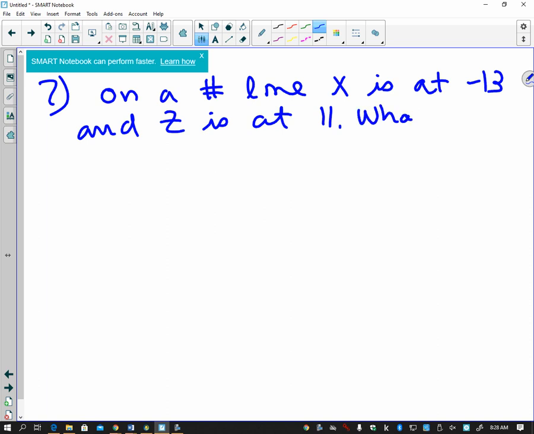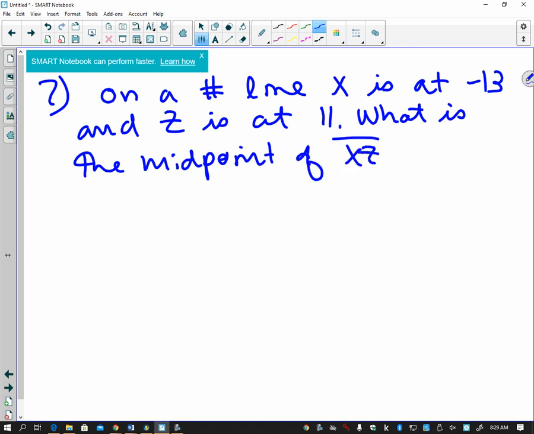What is the midpoint of x, z? A lot of midpoint stuff on this test. How do I go about it? Draw it out, okay?